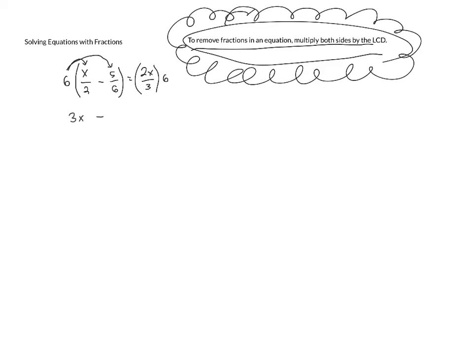Now we've got a subtraction here, and we're going to do the same thing here. We're going to multiply this 6 into the numerator. 6 times 5 gives us 30, and then when we take 30 and divide it by 6, we end up with 5.